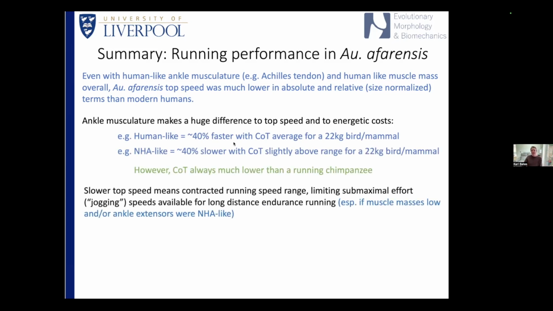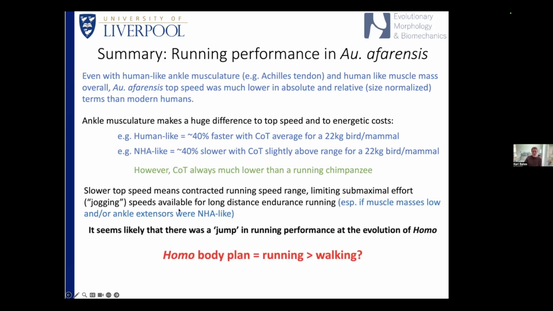And coming back to that idea of a contracted running speed range, it means that the range of running speeds that are available for jogging or sub-maximal effort running was much lower in Australopithecus than it is in modern humans. Even more so if the lower muscle masses or the ankle extensions were more like non-human apes.